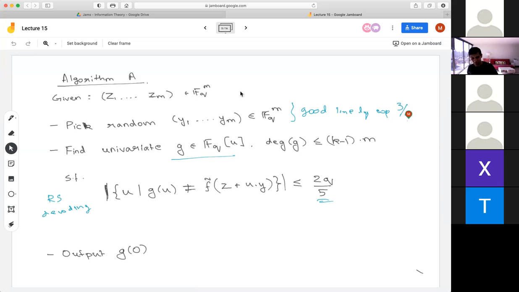If you want to boost the probability, you can just repeat this a few times and output the value which occurs the largest number of times. There are many standard ways to boost this probability. Okay.